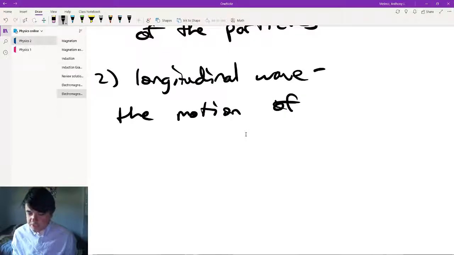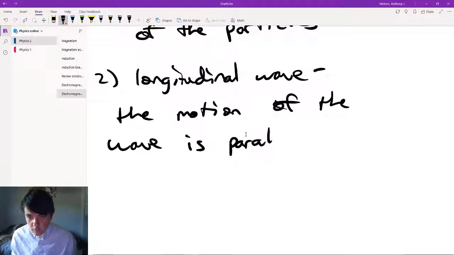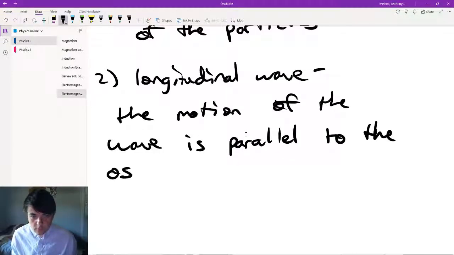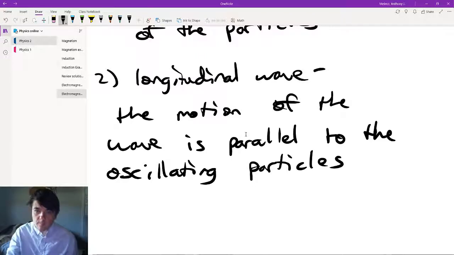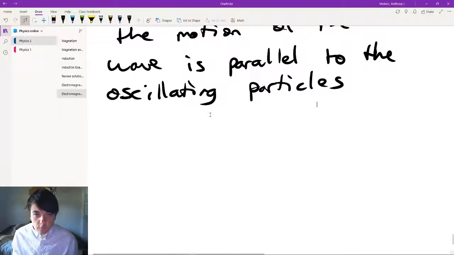So if the other one was perpendicular, you can imagine this one would be parallel. So the motion of the wave is parallel to the oscillating particles. So it moves with the oscillation of the particles.